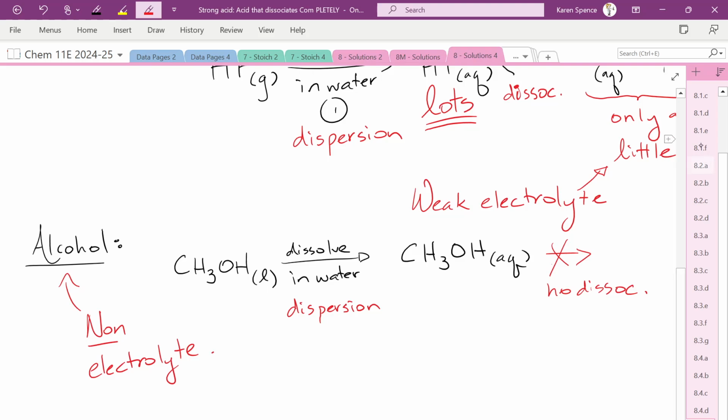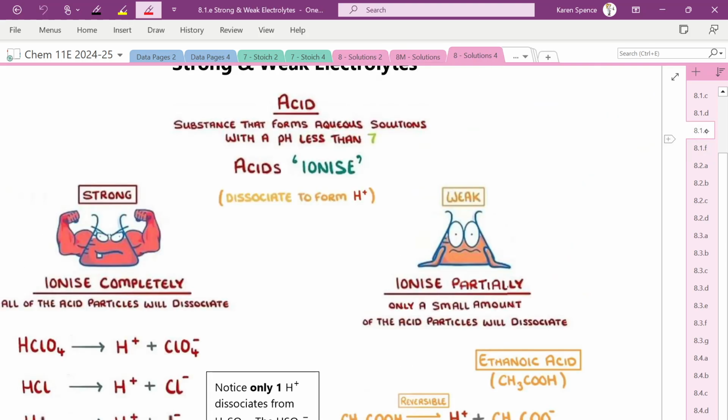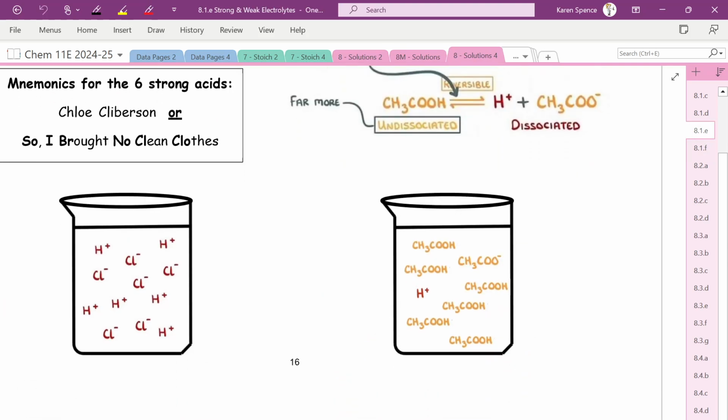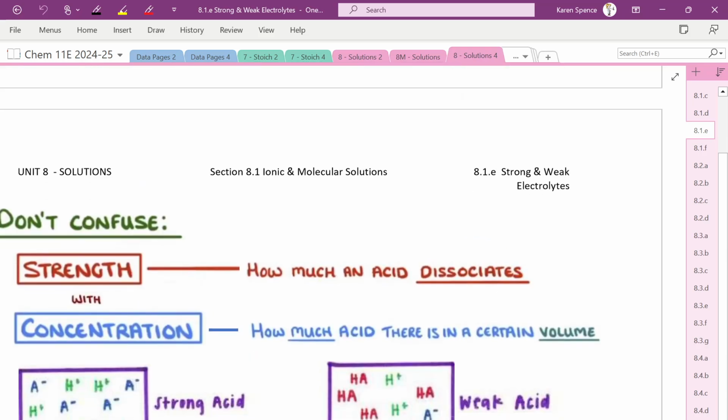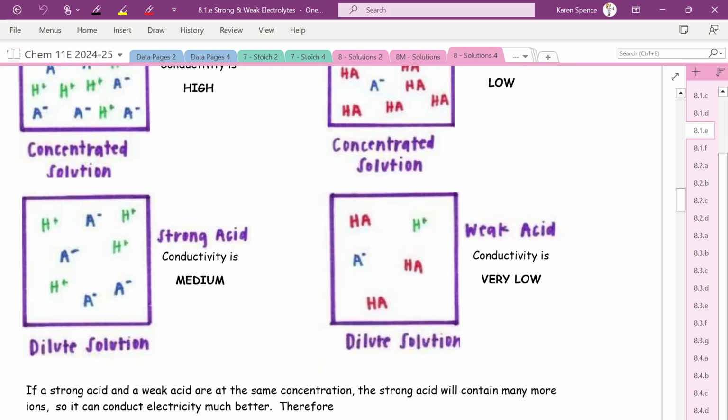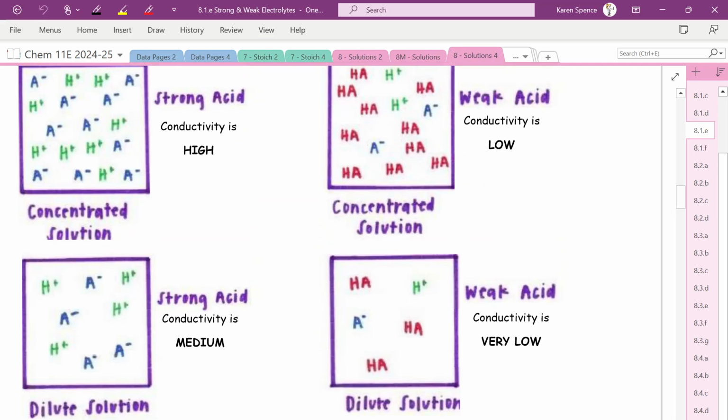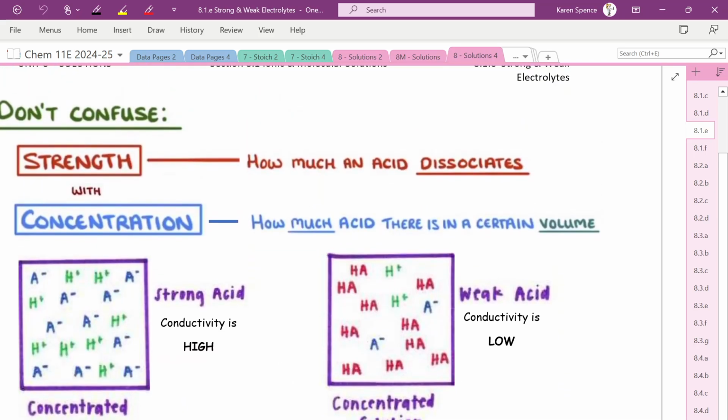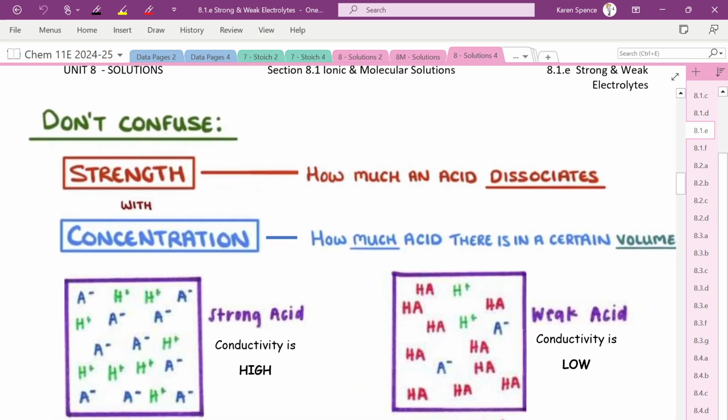So let's then go to, is it here? Okay. So let's go to page 17. Because I want to talk about the difference between strength and concentration, which are different. Yes? Strength is how much the acid dissociates.